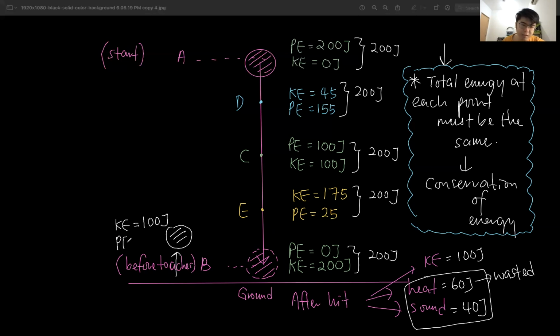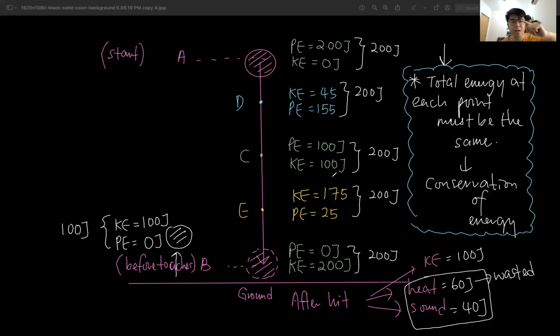Your PE is 0, because just when it starts rebounding, it is still very close to the ground. So PE will still be 0, but you notice that the KE now comes down to 100. The total energy here becomes 100, no longer 200, because when it hit the ground, some goes to heat and sound and is wasted. You cannot recover it anymore.